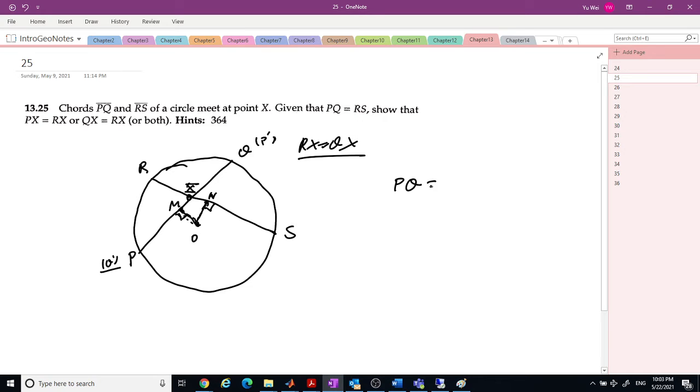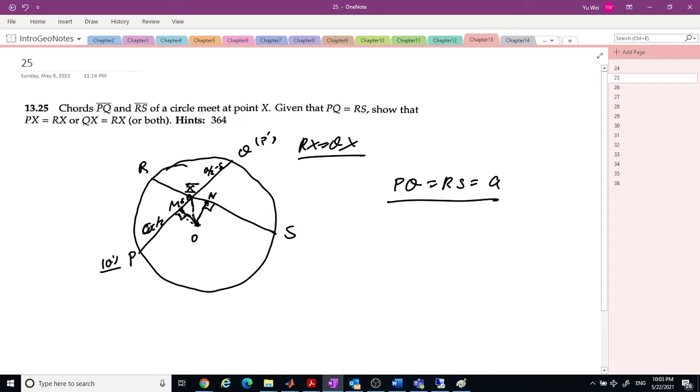So PQ equals RS equals a, okay? Then we know, for example, this small thing is equal to delta, right? So this is a divided by 2, and this is a divided by 2 minus delta, right?